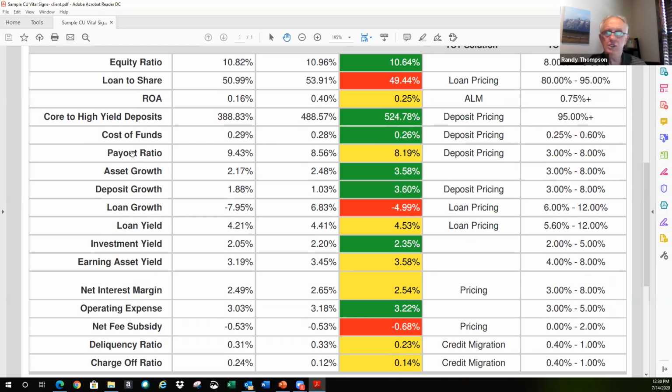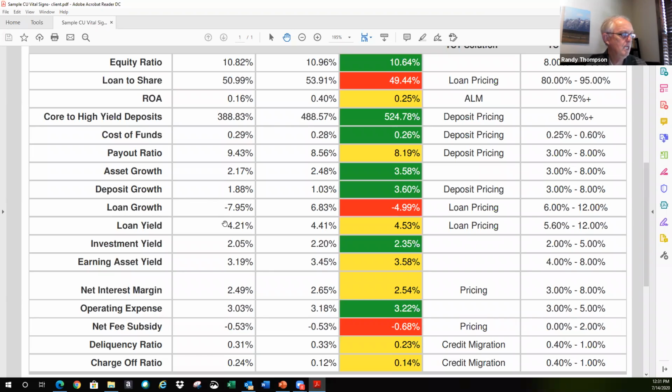We add one more, which is payout ratio. That's unique to us. Payout ratio is what percentage of your interest income are you paying out in interest expense? Because if you only have 49% of your deposits earning as loans, that means you got 51% earning as investments with very low yield.